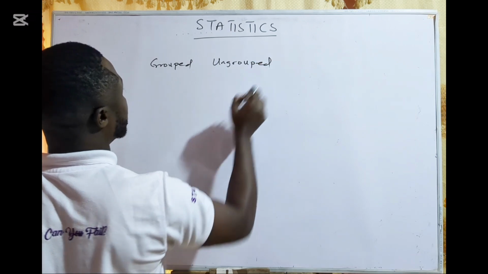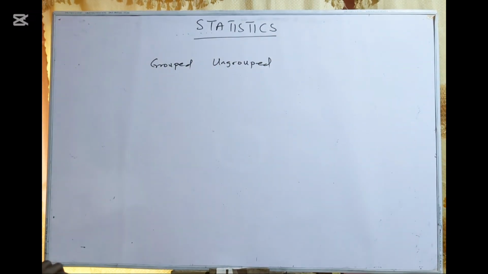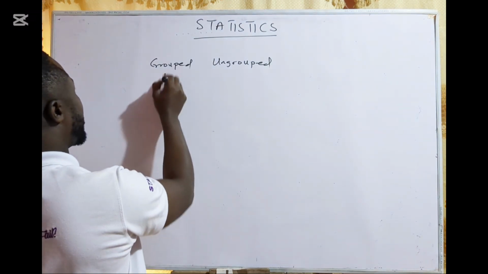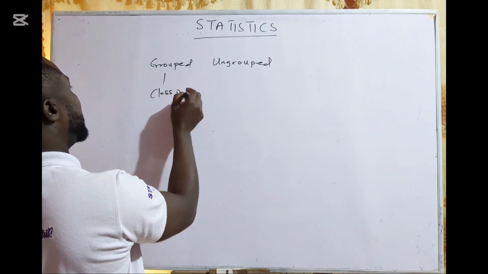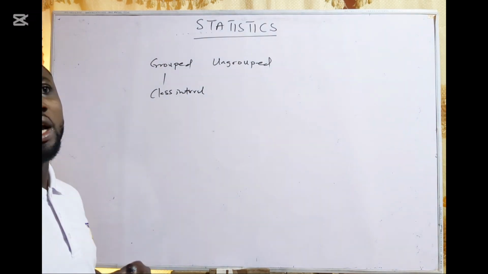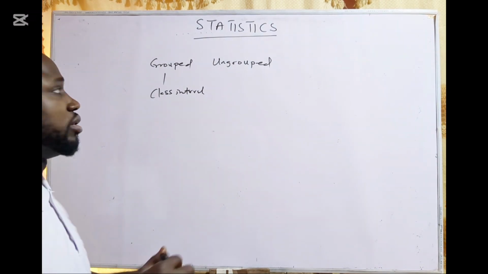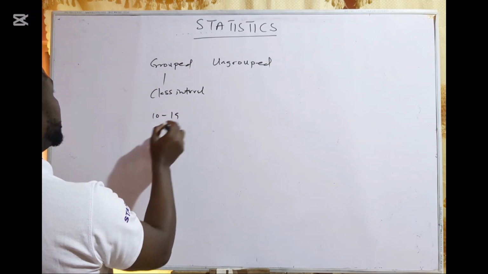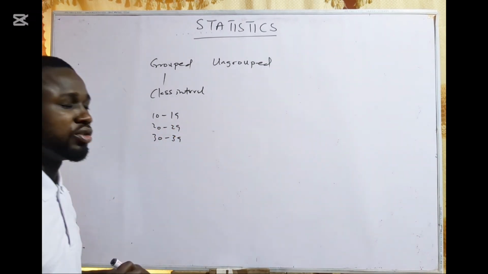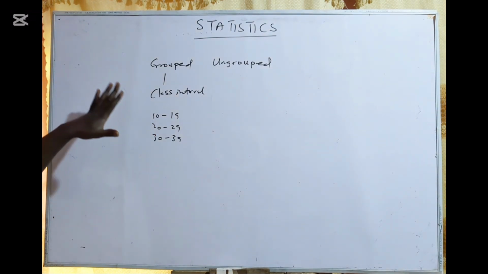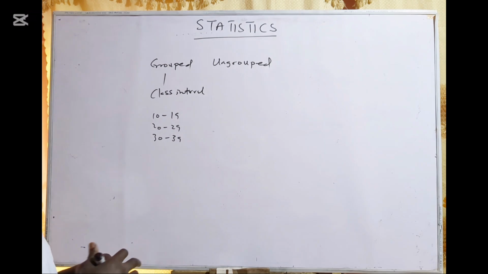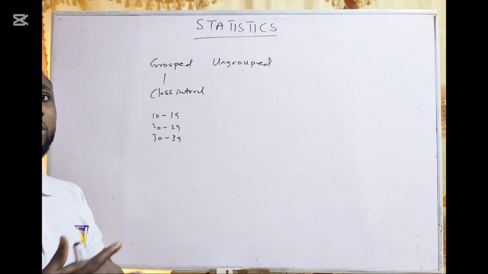With the grouped, you may see what we call the class interval, where the values that you are given are a range of values, maybe 10 to 19, 20 to 29, 30 to 39, and so on. So when you talk about the grouped frequency distribution, you have the range of the values. Okay, you count them and then you write their frequency.